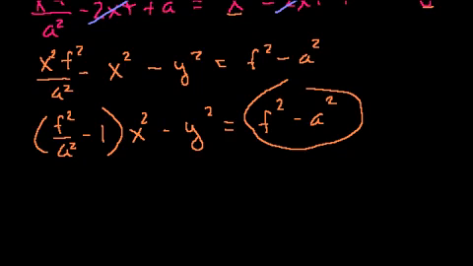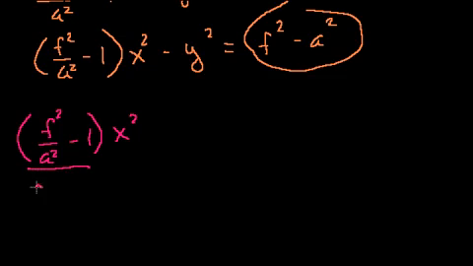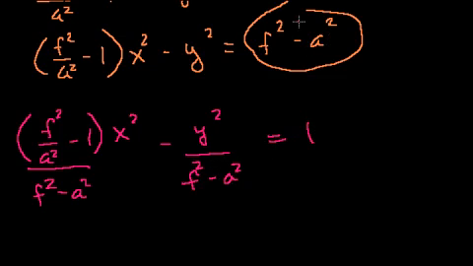And we get, and this should start to look familiar, f squared over a squared minus 1 x squared divided by f squared minus a squared, minus y squared over f squared minus a squared, is equal to 1. Right? I divided both sides by this, so I just get a 1 on this right-hand side.